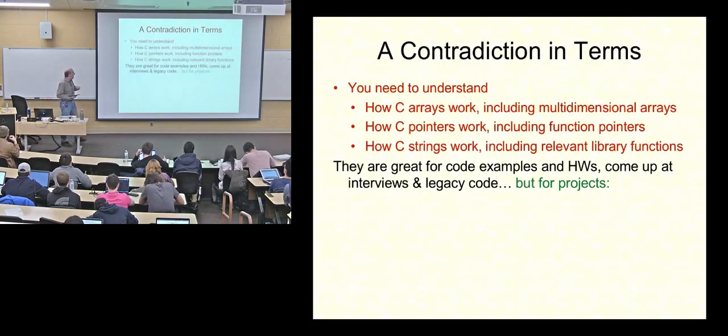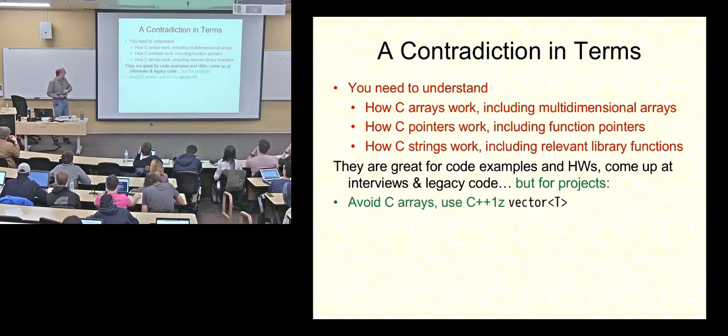Okay, so one thing about these slides is we've still had a little bit. I eliminated some of it. But there's still a bit in here about how C arrays work, including multidimensional arrays, how pointers work and multidimensional pointers, and how C strings work, and actually I think I've deleted most of the library functions about them. The issue of these is that for projects, we would say, hey, let's use things like vector for our project.